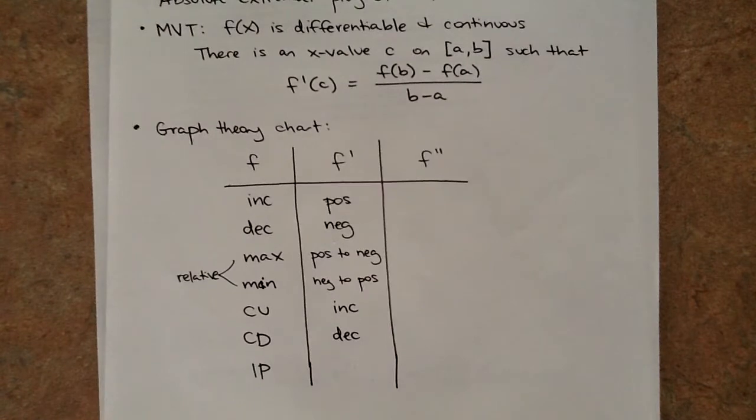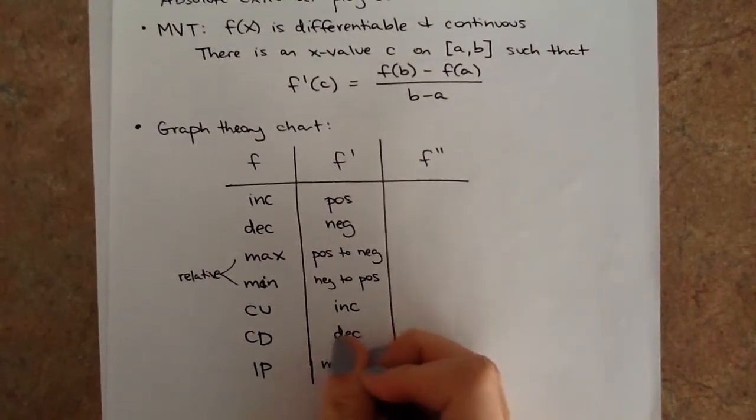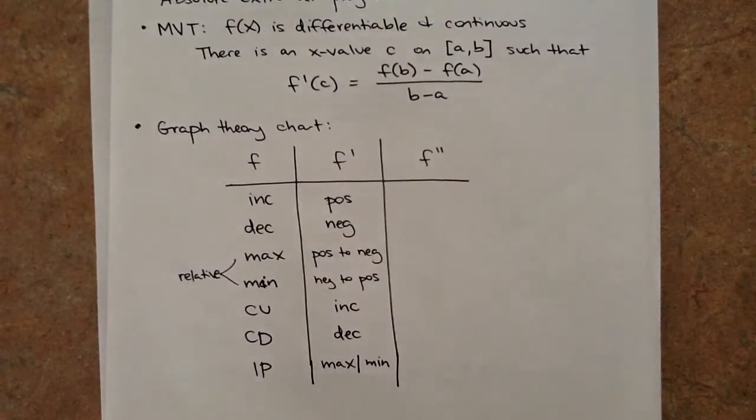And then how about inflection points? We're in like the right area. Maxes and mins. Good. Okay, so maxes and mins of f prime. And it doesn't matter, the max or the min, because remember, for maxes and mins we define a certain sign change. Inflection points, it's just any sign change. So it doesn't matter if it's a max or min.